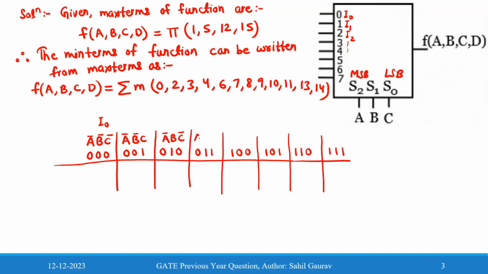So this will represent A bar, B C, A, B C bar, B bar C bar, A, B bar C, A B C bar, and it is A B C.